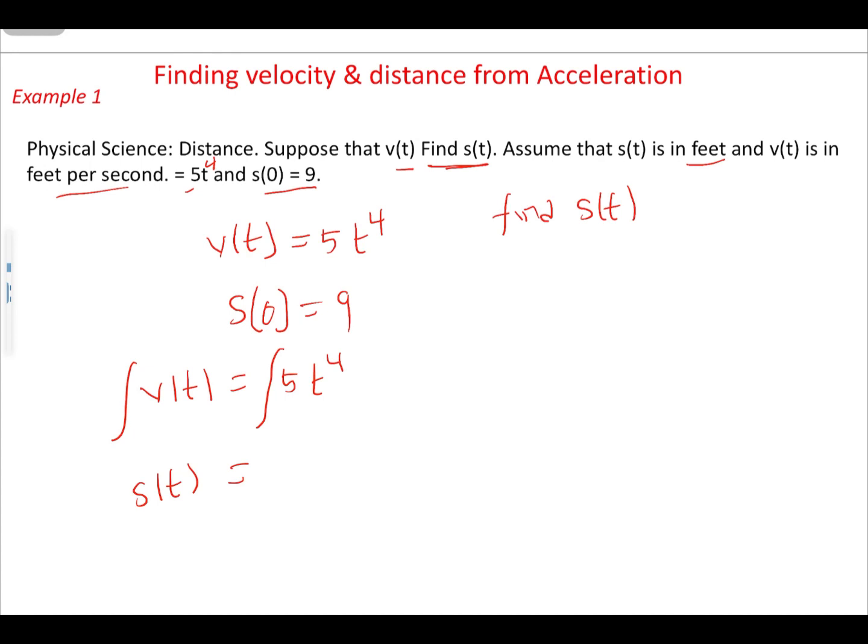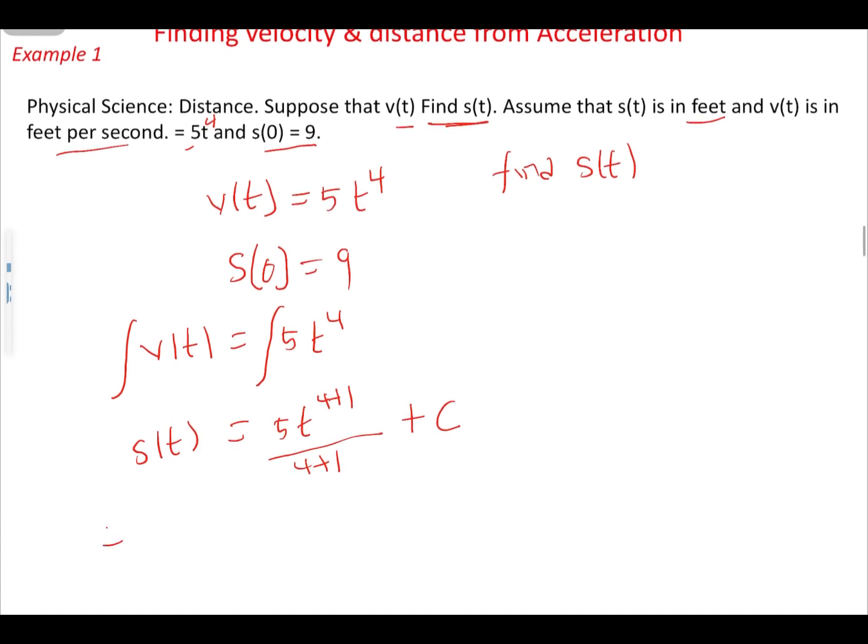And therefore, integrating 5t power 4, we are going to get 5t power (4 plus 1) over (4 plus 1), plus our c, which is our arbitrary constant of integration. So at the end of the day, we are going to get s of t equal to t power 5 plus c.